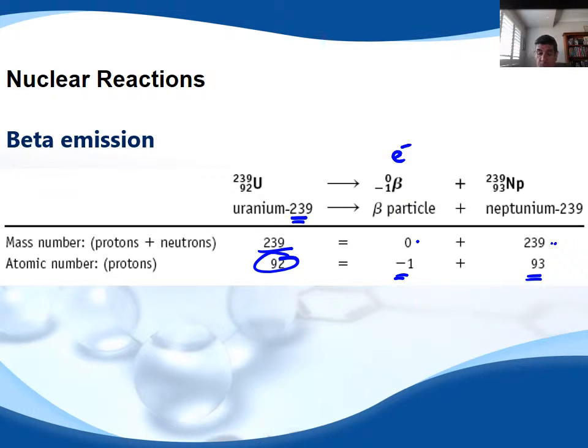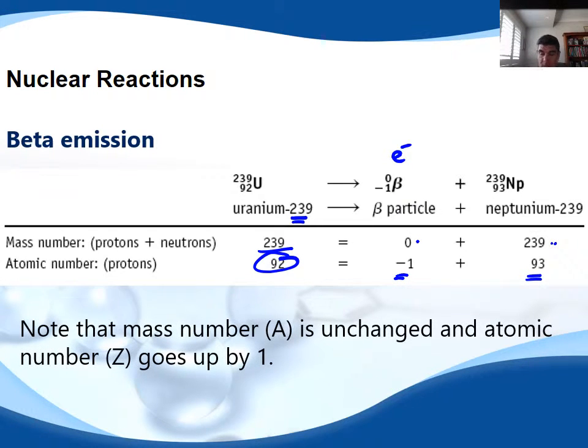And so this will produce the element neptunium. For beta decay, the mass number does not change. So there's no change in mass in this case, but the atomic number actually increases, goes up by 1.